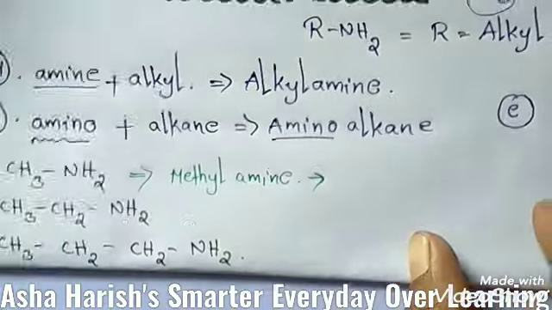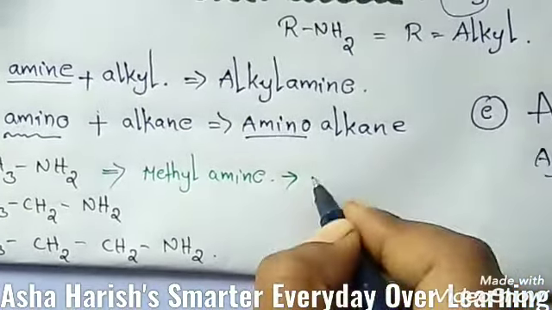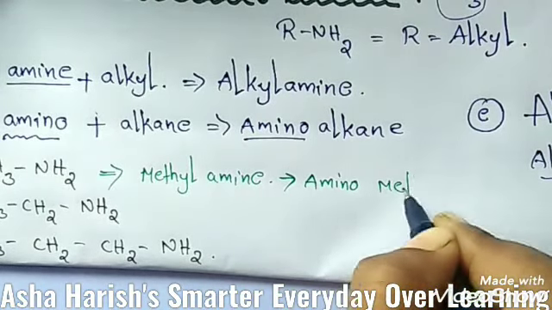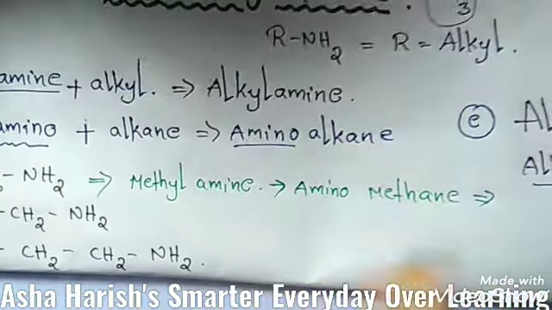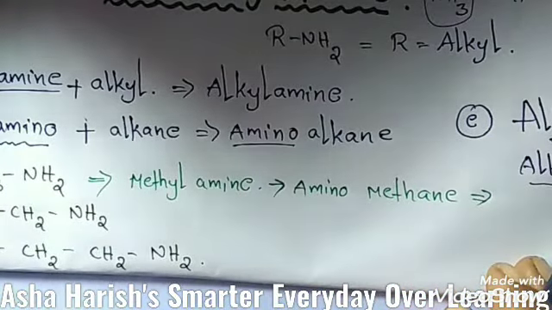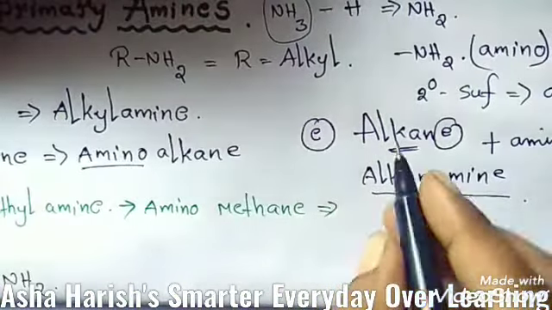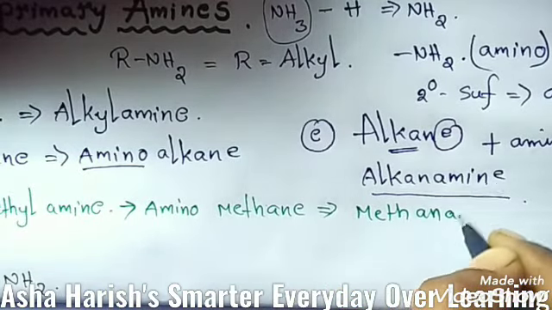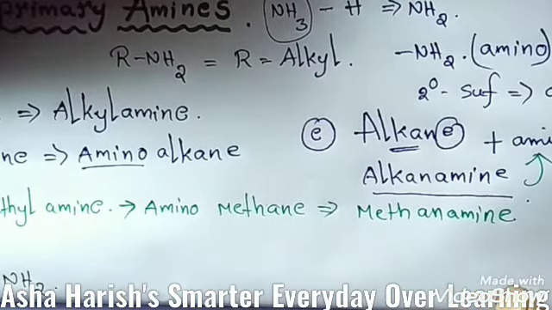Methylamine is the name of that compound, and you can also say simply aminomethane, no problem. These two are the common names for the first compound. And the IUPAC name for this is methanamine. According to this, methanamine. And let's go for the next one.